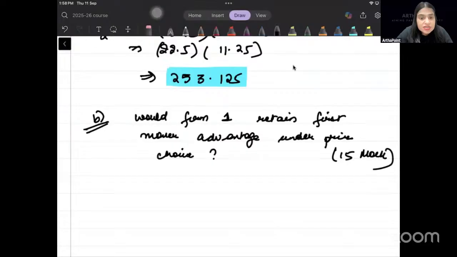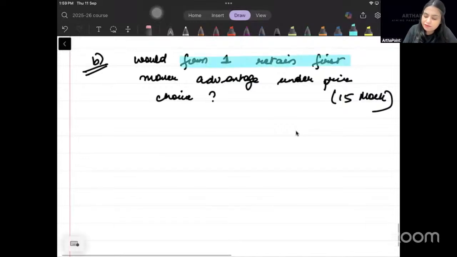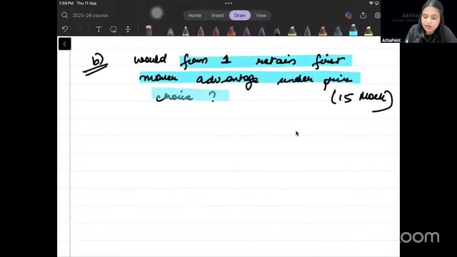But I am saying that instead of that simultaneous game, if the price game is sequential, with price now instead of quantity, then what will happen? That is what we are going ahead and deciding in this case. Does it make sense? Okay, so let's try this one. Would firm 1 retain first mover advantage under price choice?